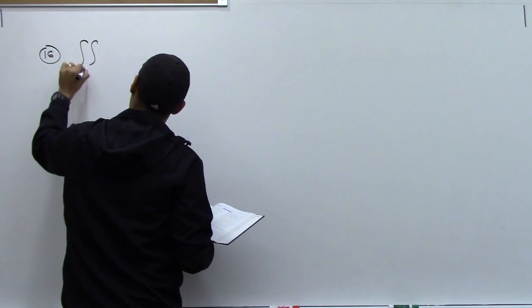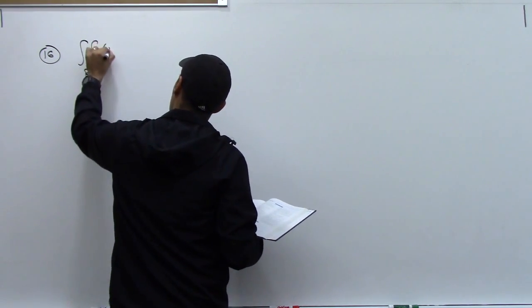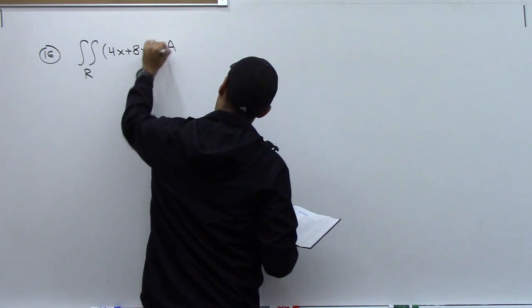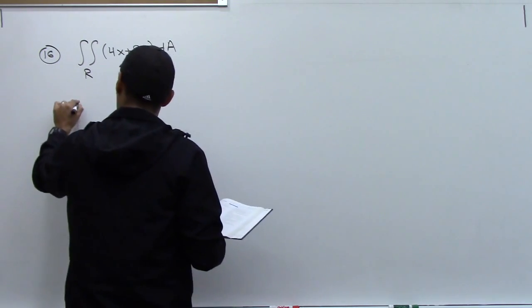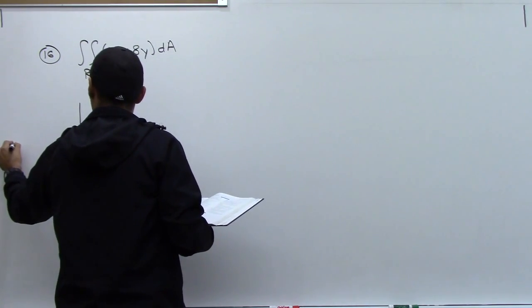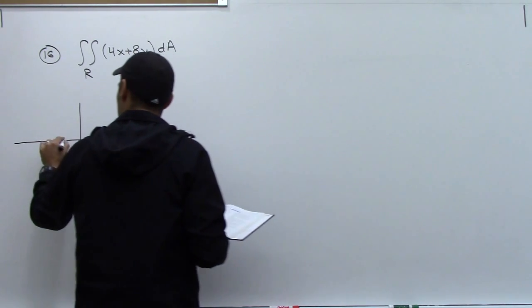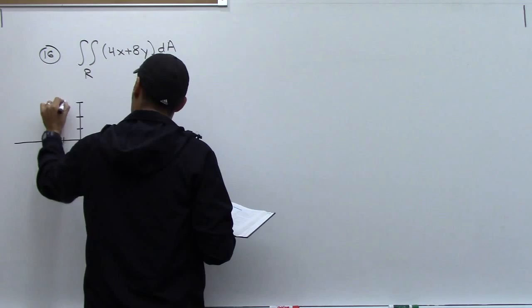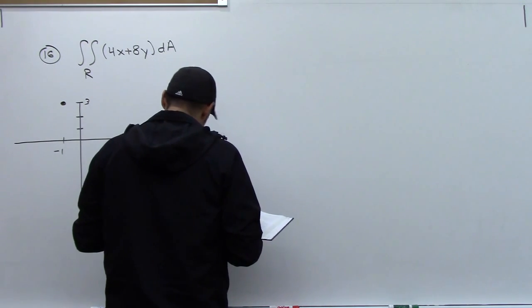Double integral over R of 4x plus 8y dA. And we have a parallelogram that has the following points as vertices. Negative 1, 3. There. 1, negative 3.